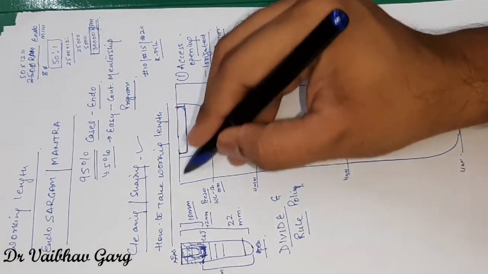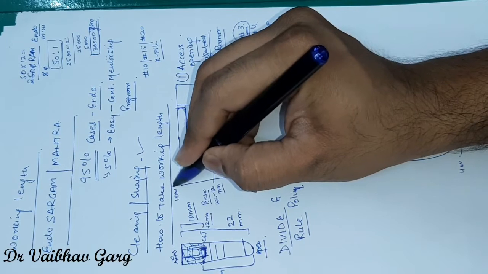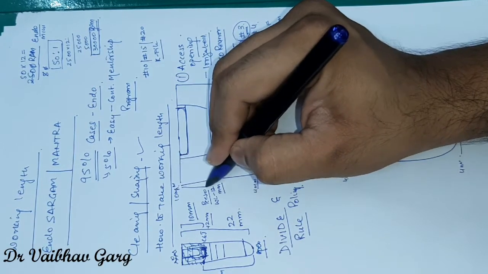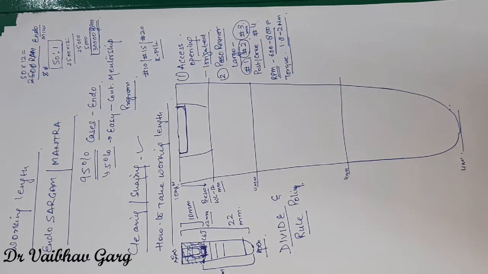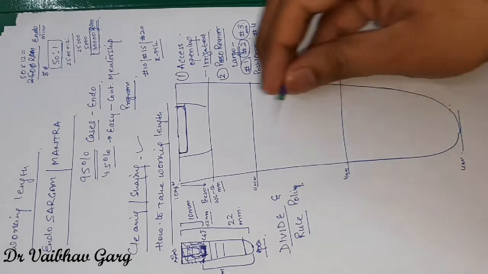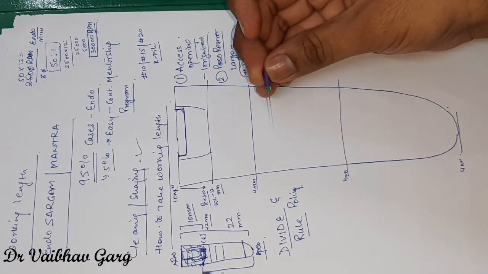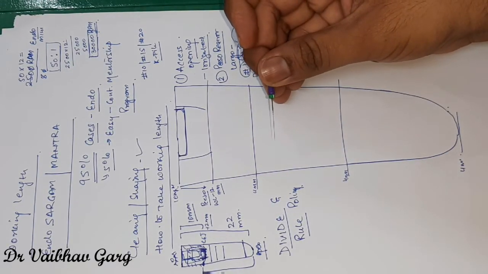So we have already covered 10 mm above and 2 mm here with the piezo, and now I will use a 10 number file. 10 number files are purple in color.